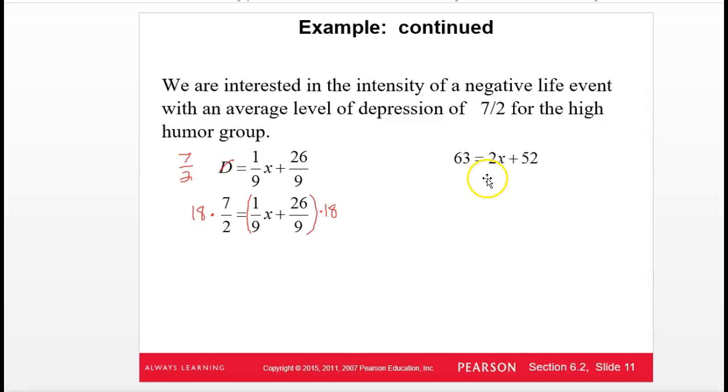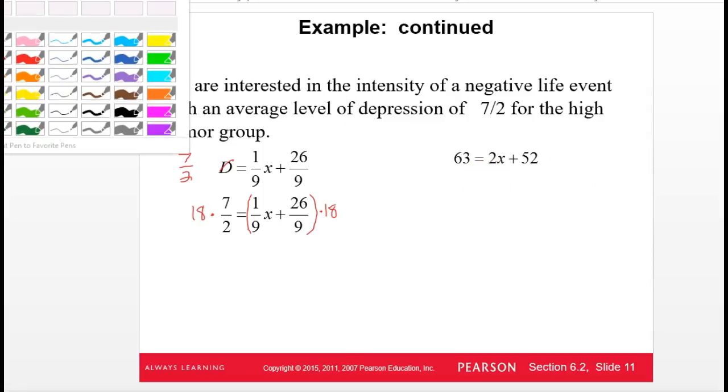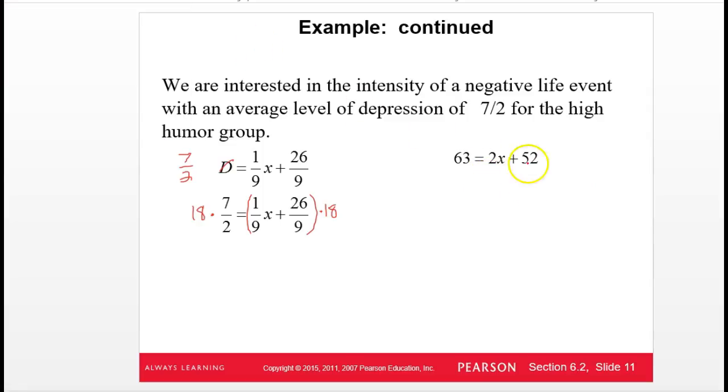All right, and now I'm ready to combine all of this, all of the variables to one side, constants on the other. I have a constant on the left, and on the right I have a variable and a constant, so if I just get rid of the 52 from both sides, I'll be able to eliminate the constant on the right and just have variable on one side, constant on the other.